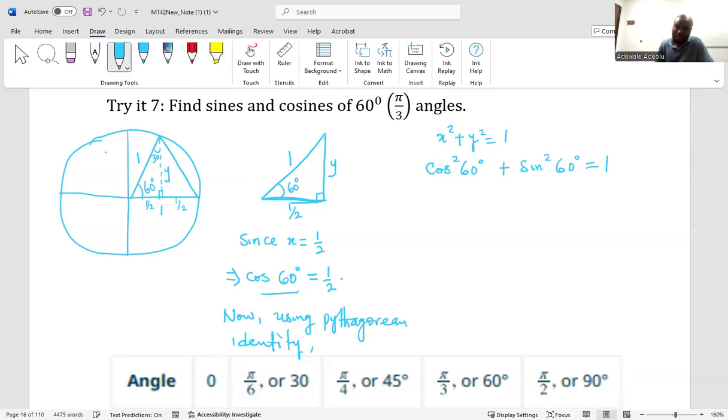So we know cosine of 60 degrees is 1/2. So we just need to square that, plus sine squared of 60 degrees equals 1.